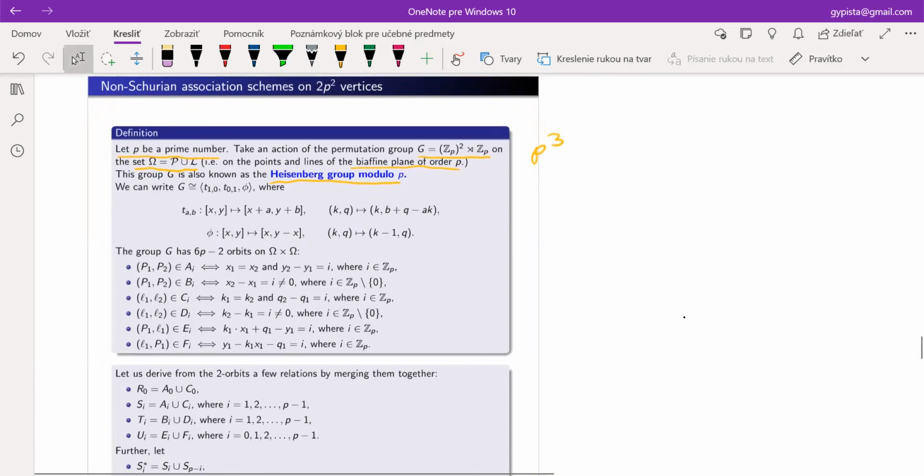So one can generate this group by these relations. For example, a simple translation of the plane, and here this corresponds to some reflection. And if we can imagine how it acts on the points, then we can derive how it acts on the lines.